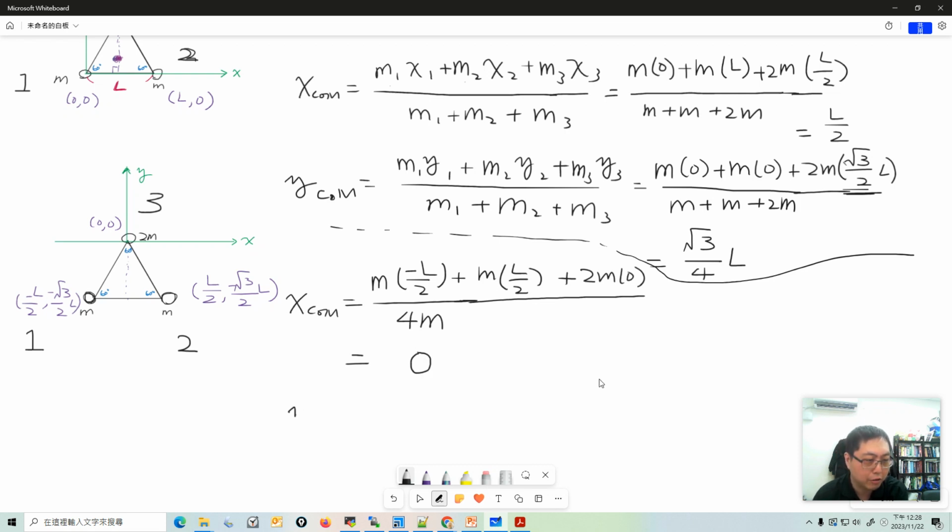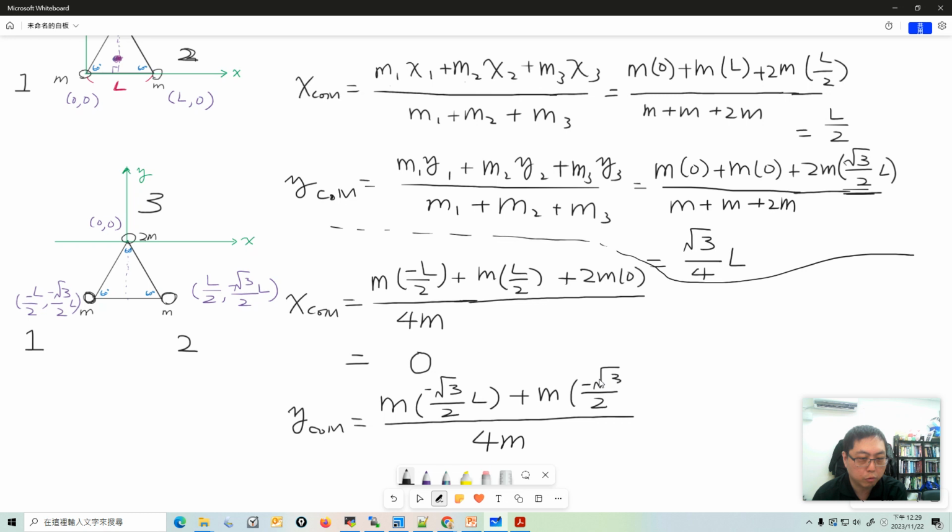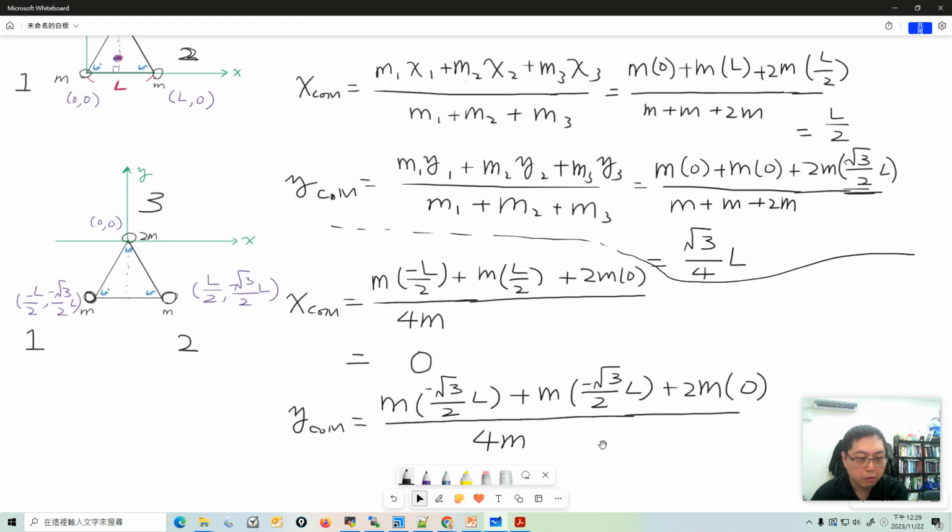The answer looks like it changed, but I'll continue. The denominator is 4m, and the numerator: the y coordinate of particle 1 is minus square root of 3 L, plus particle 2, mass m, with y coordinate minus square root of 3 divided by 2 L, and the third particle, mass 2m, has y coordinate 0.